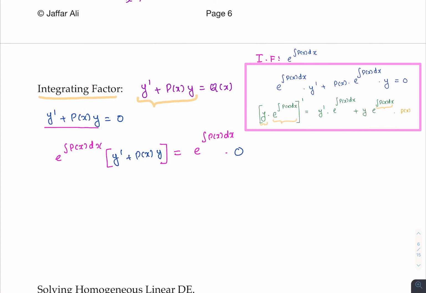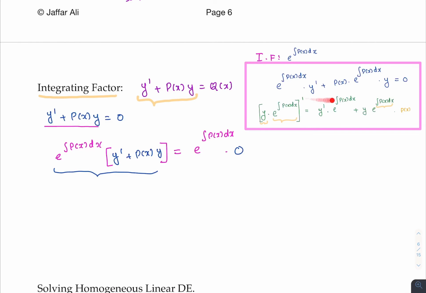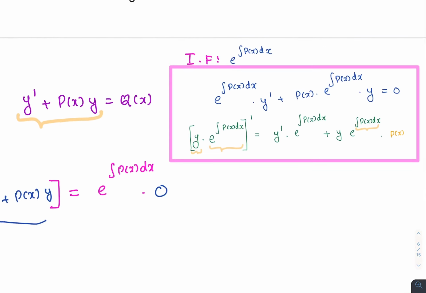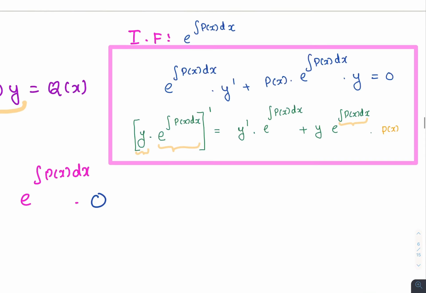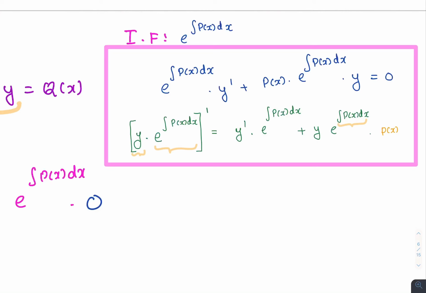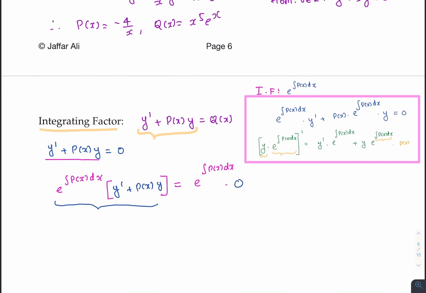The left-hand side, thanks to the derivation that I did earlier, if I distribute it, I'm going to have this one, which is the same as that. So when I multiply e to the integral of p of x dx with the first equation, I get this, which is exactly the same as this one, so I'm going to copy paste it in here.